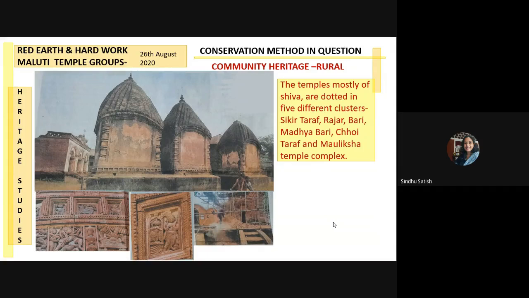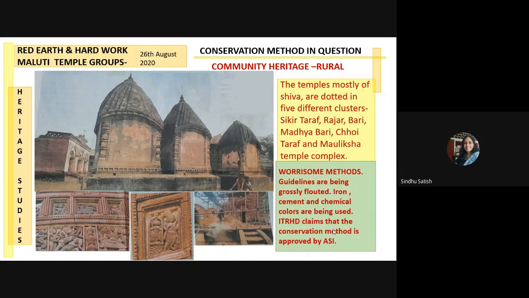The Indian Trust for Rural Heritage and Development took over this restoration project, as the temples, with the passage of time, were almost crumbling, largely due to the lack of maintenance.